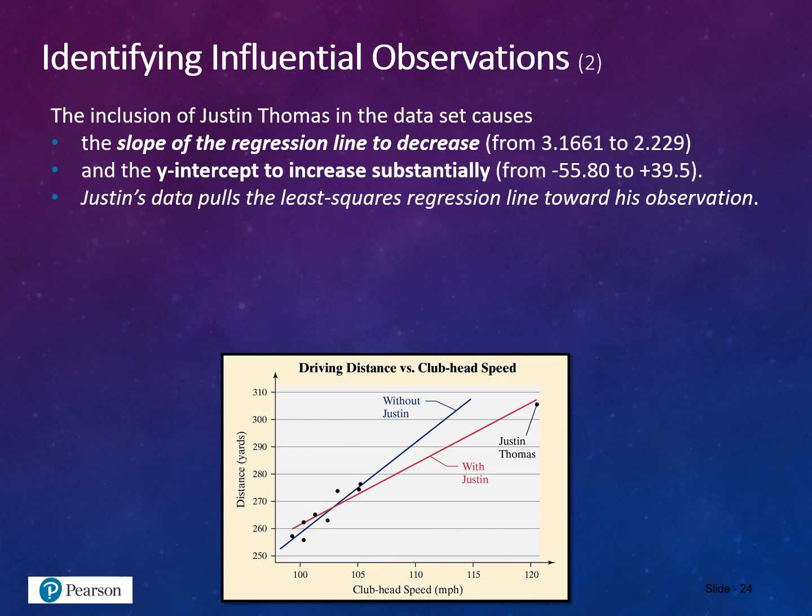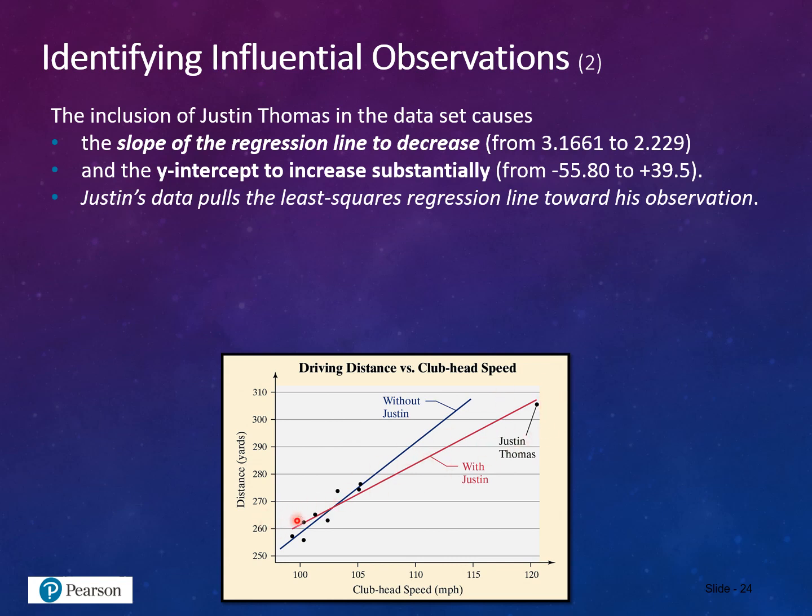The inclusion of Justin Thomas's data in the data set causes the slope of the regression line to decrease from 3.16 to 2.29, as we can see here, and the y-intercept to increase substantially from negative 55.8 to positive 39.5. Justin's data pulls the least squares regression line towards his data point.